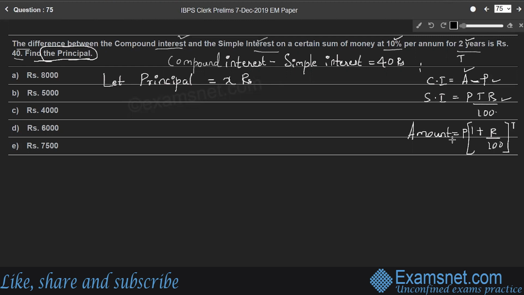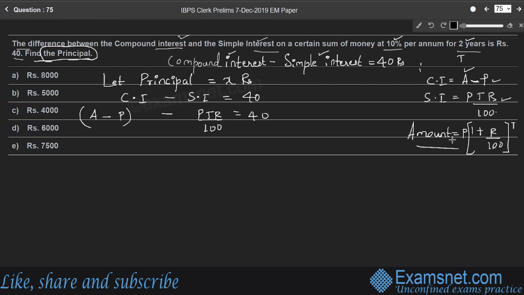Given that compound interest minus simple interest is 40 rupees. So CI minus simple interest is equal to 40 rupees. Right? What is CI? Amount minus principal by formula. Minus simple interest, which is PTR by 100, is equal to 40.